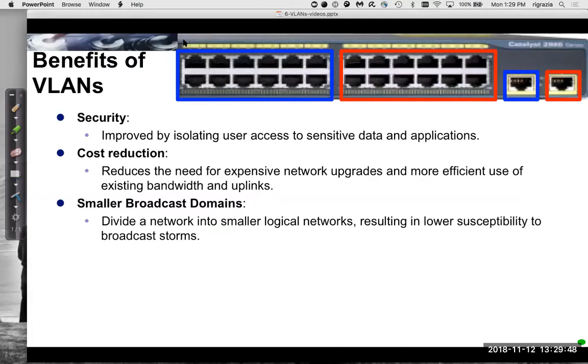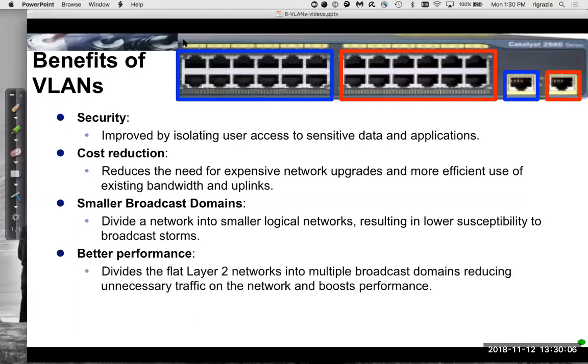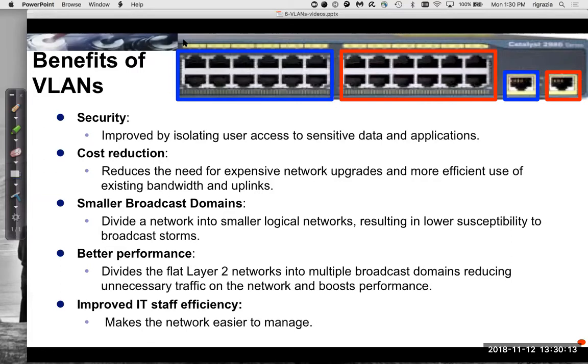And we'll see that with trunk ports. Smaller broadcast domains: if there happens to be any problem with something called a broadcast storm, where a bad NIC on our network is constantly sending out broadcasts, that's not going to affect our entire network. It gives us better performance, and makes it a lot easier to manage.